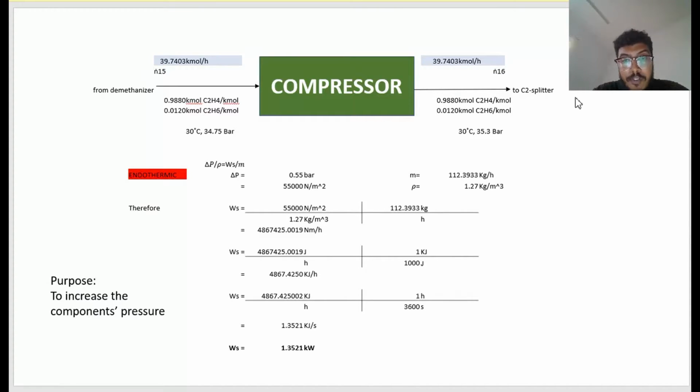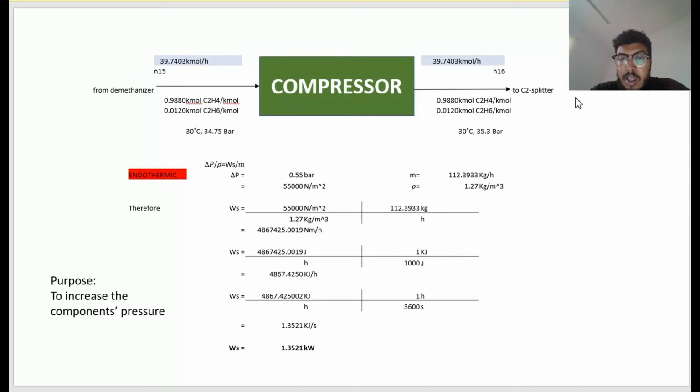So basically we have four parameters. The first parameter, delta P, you get from 35 output minus 34 input, and we have 0.55. We need to change it to Newton per meter square, so we have right now 55,000 Newton per meter square.